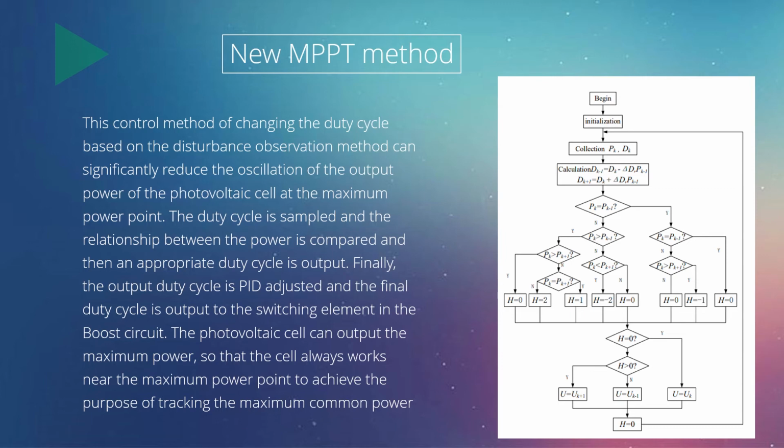Finally, the output duty cycle is PID adjusted, and the final duty cycle is output to the switching element in the boost circuit. The photovoltaic cell can output the maximum power, so that the cell always works near the maximum power point to achieve the purpose of taking the maximum power.